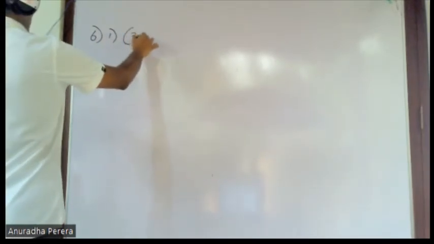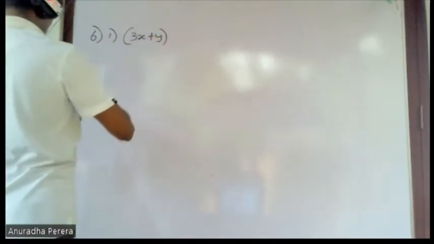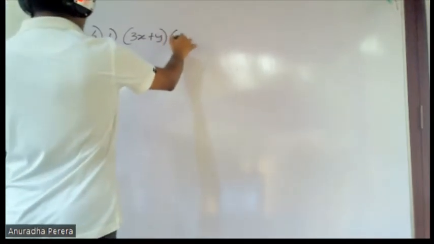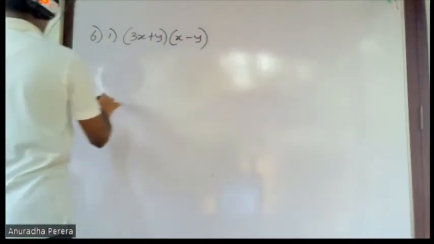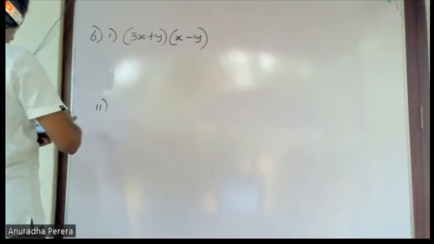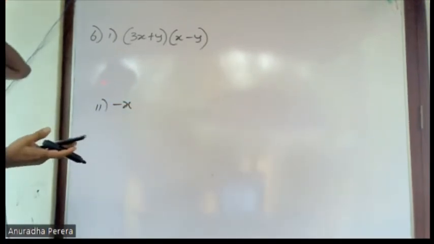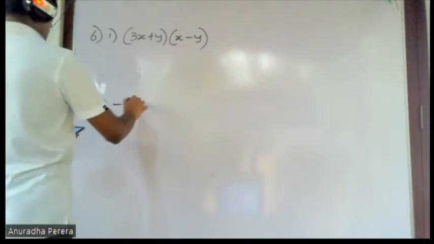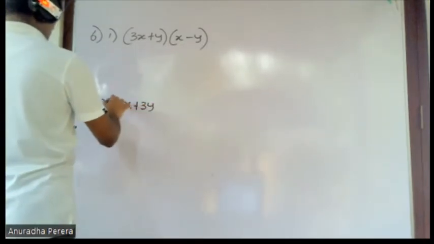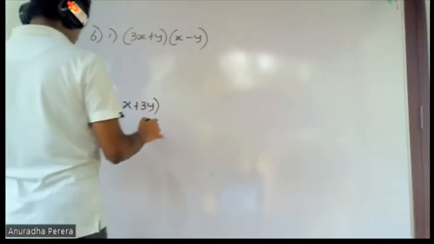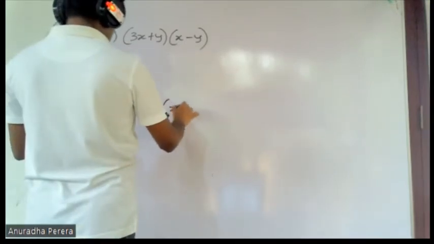3x plus y, x minus y. The first one. Second one: minus x plus 3y, plus 3y, x plus 2y.